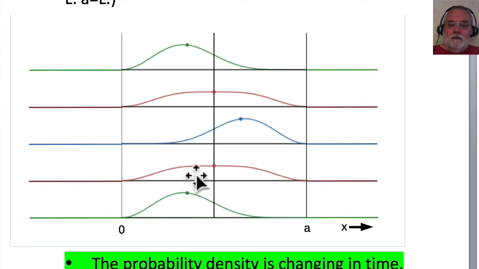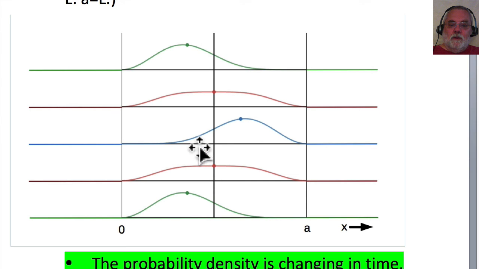This second curve up, this red curve, is for omega t equal pi over 2. And here, the probability distribution is more spread out. It's equally spread out between the left and right halves of the box. This vertical black line is the center of the box. So at this time, the probability density is symmetric around the center, and the expected value of position is the center of the box.